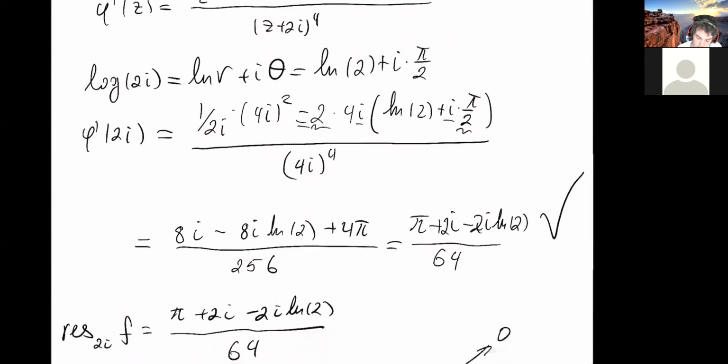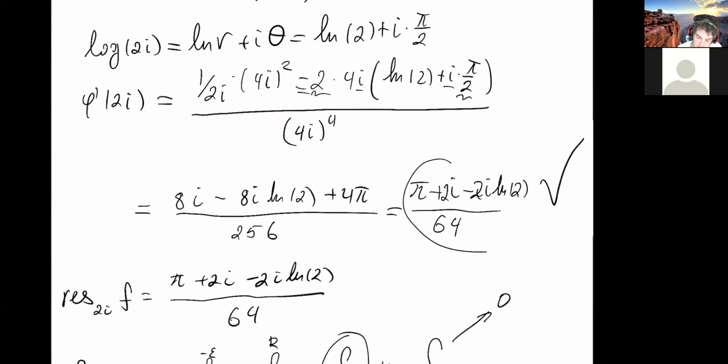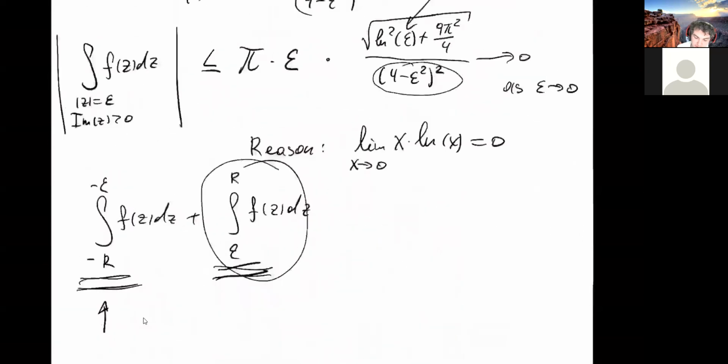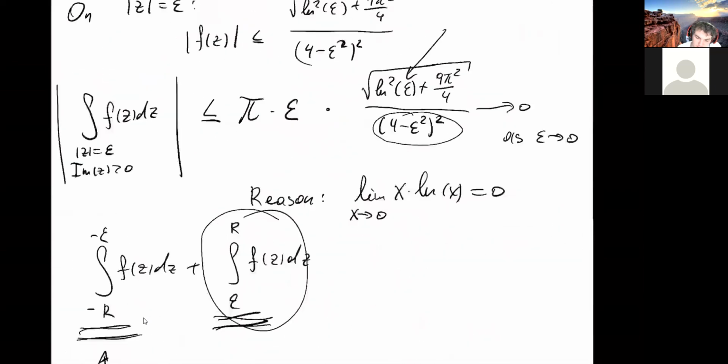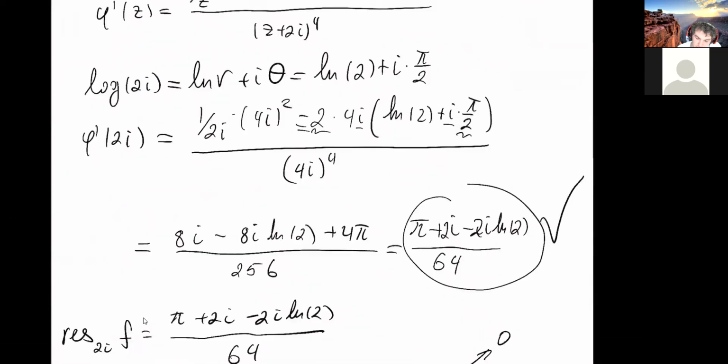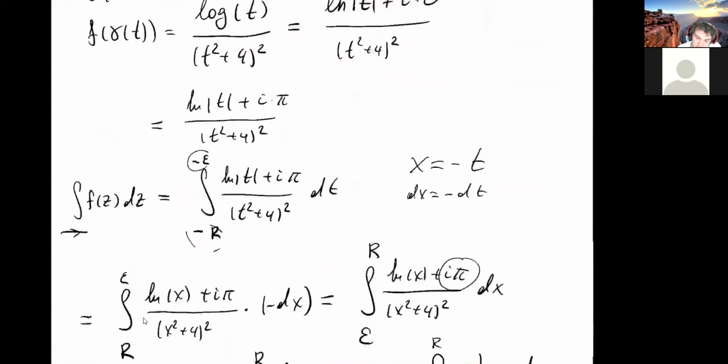Where is my residue? Here is my residue, 2 pi over 64 pi. What was there? Minus. I'm still not looking at the book. Plus 2i minus 2i logarithm 2.